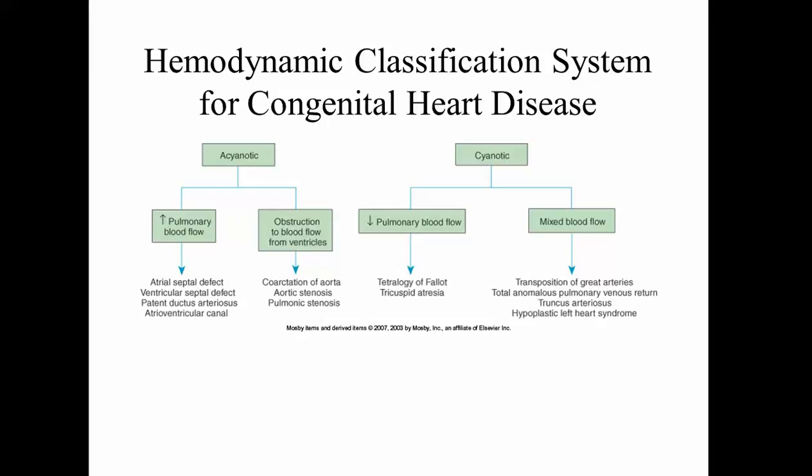Okay, so now severe defects will include all of the cyanotic and other complex defects such as your AVC. So severe defects will include all of these defects, and then the atrioventricular canal. Infants identified in the newborn period or early infancy are usually severely ill, and that will require surgical intervention.